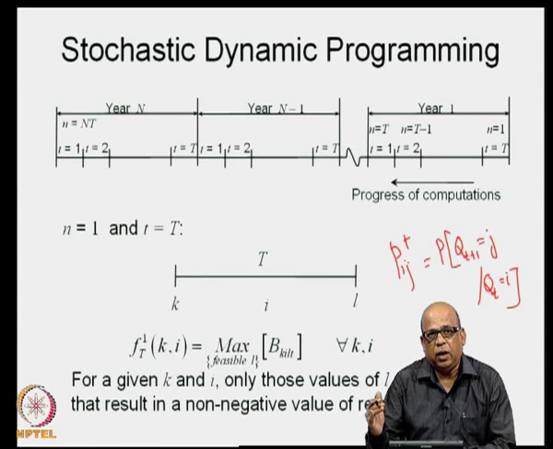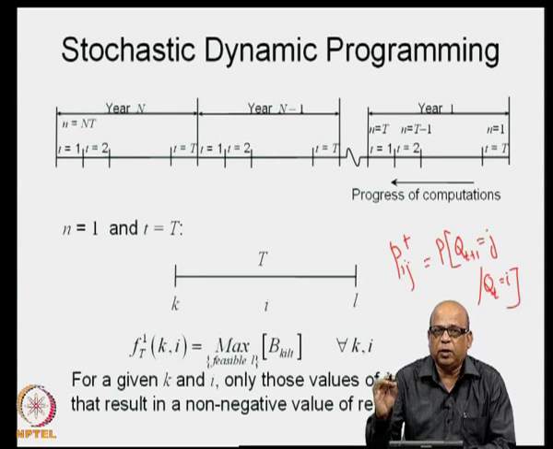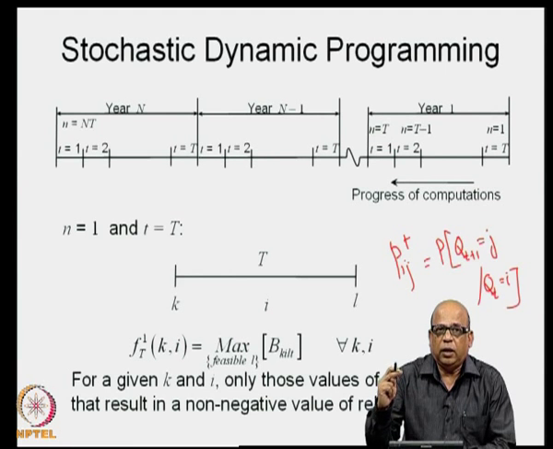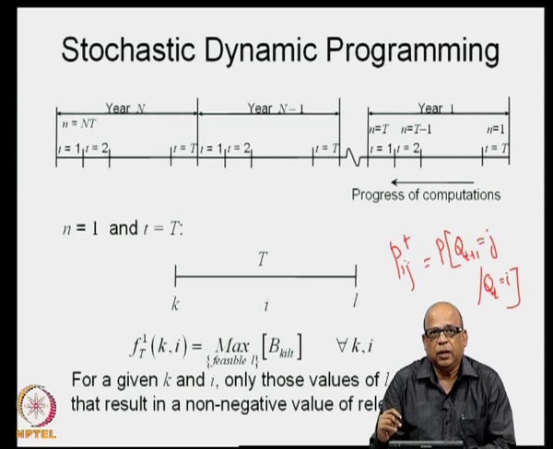Now, this optimal L, we are making search over all possible values of L and picking up that particular value of L or those particular values of L, which will maximize the value of the system performance measure. Now, when we are making this search, let us say L is equal to 1, 2, 3, etc. up to 15 class intervals. You want to make search over all the 15 class intervals.